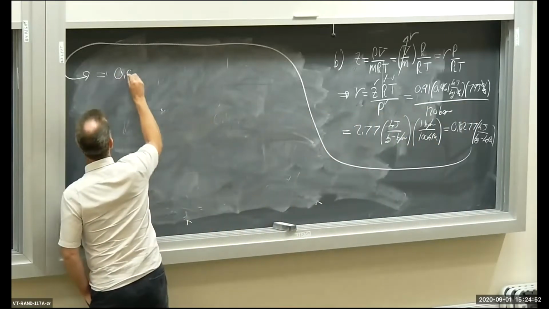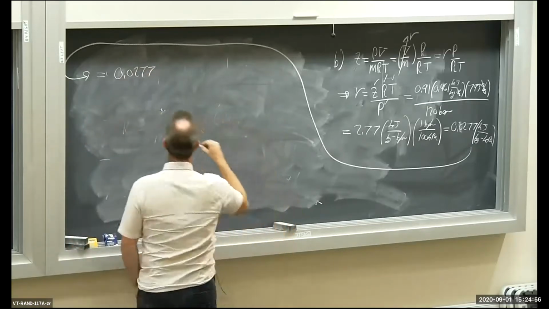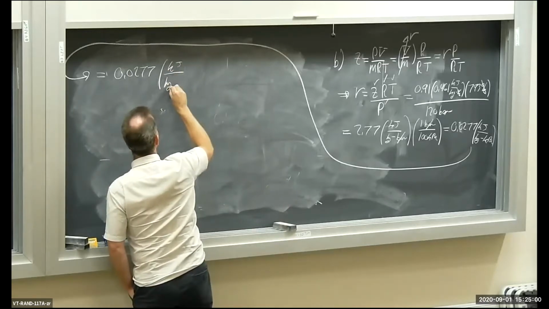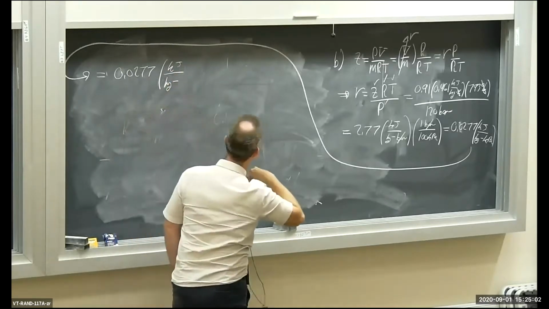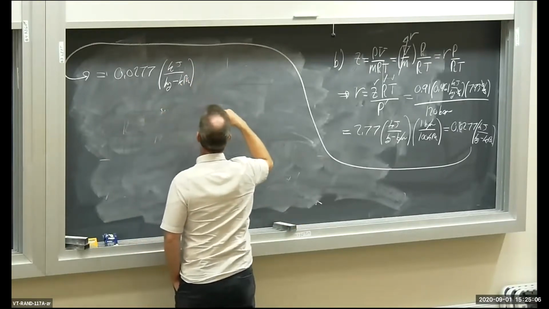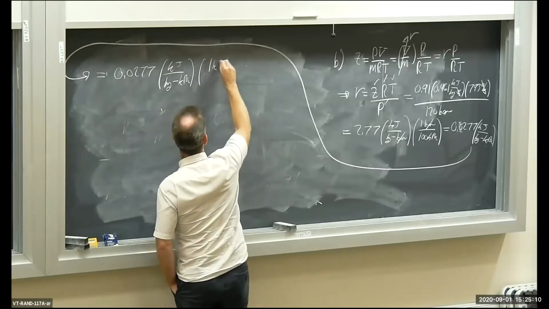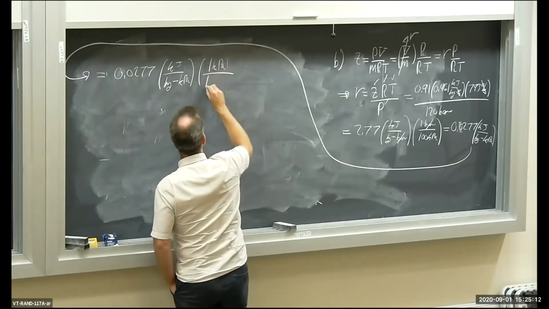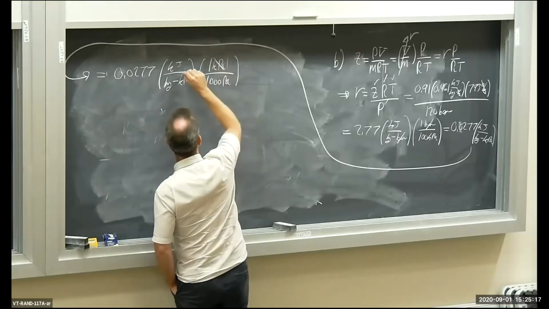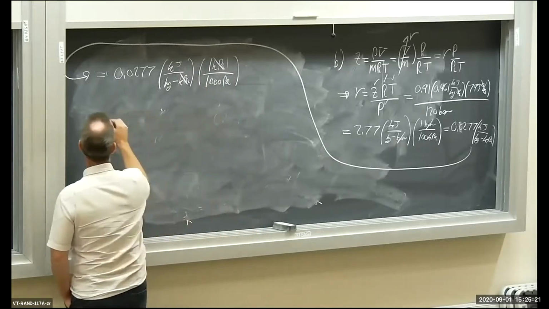So 0.0277, and then I've got kilojoule per kilogram, and then I got a kilopascal. Let me get out of kilopascals and go into pascals. There is 1 kilopascal per 1,000 pascals. Kilopascals cancel out and I get pascals, so I have to divide it by 1,000 again.